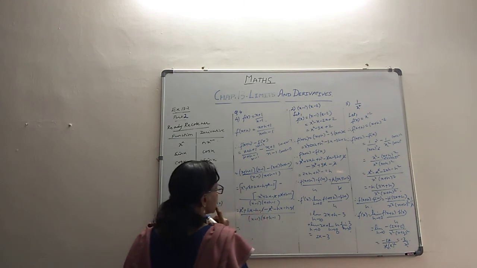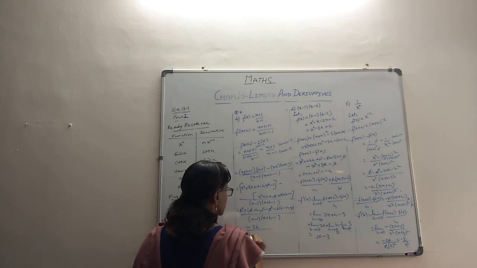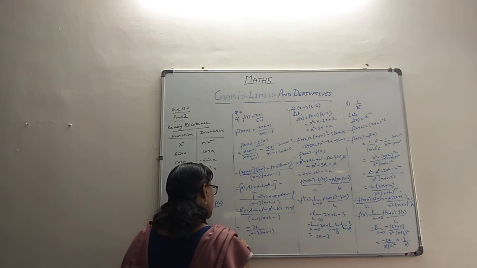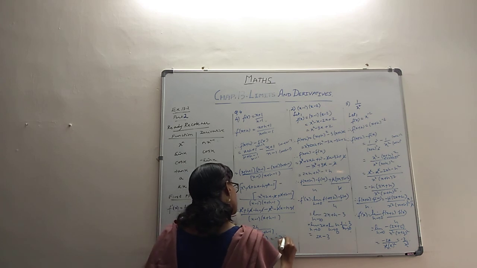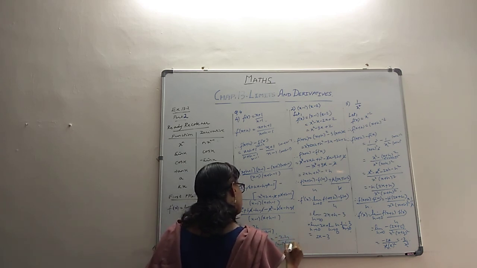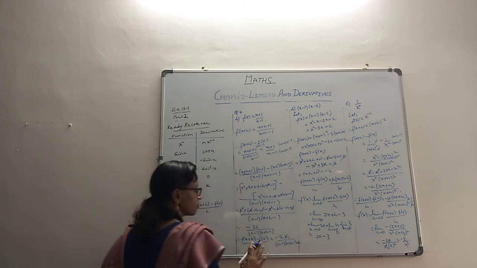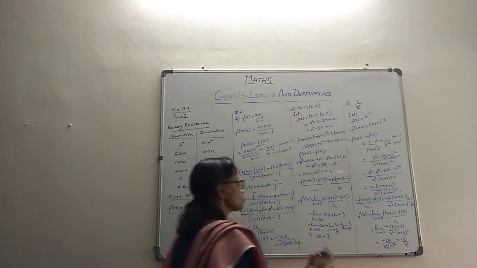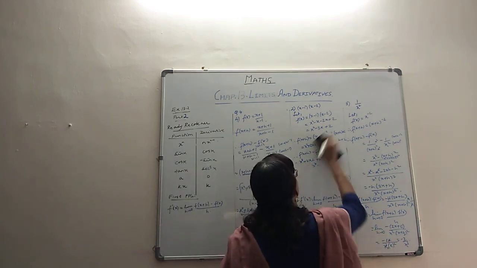Yeah, minus 2h is the surviving term, over (x minus 1) into (x plus h minus 1). And what is f of x plus h minus f of x by h? It is minus 2h by, in the previous problem we saw that this by h is actually going and depositing in the denominator, right? So that's cancelling. So this is your f of x plus h minus f of x by h, which allows you to substitute it directly and get the answer. So let's go in for the substitution.